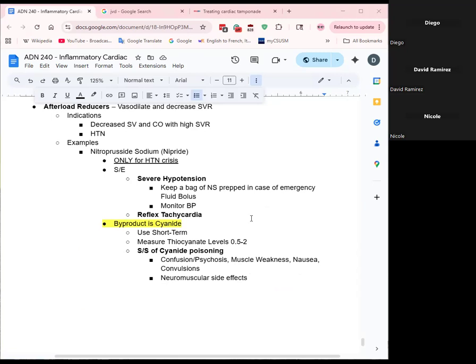Something to note is that nitroprusside specifically has cyanide as a byproduct, so there is a risk for cyanide poisoning. And this one's super effective, so it's only used in extreme cases for hypertensive crisis.